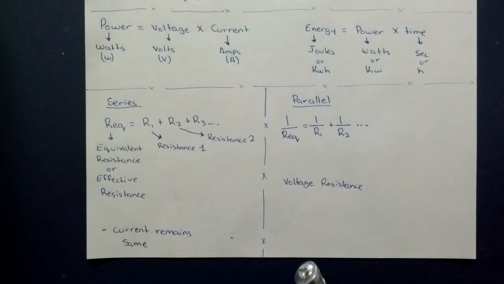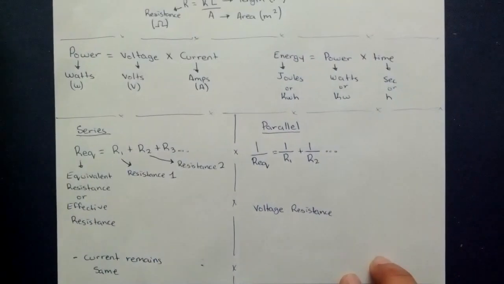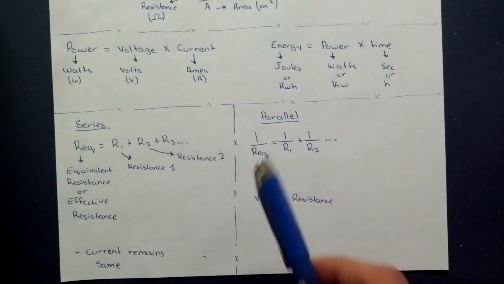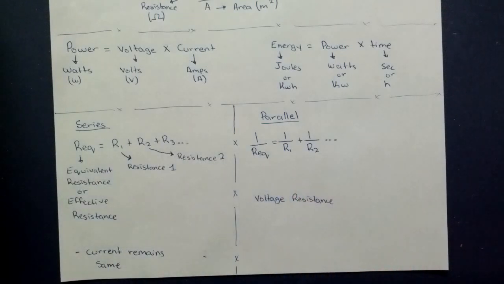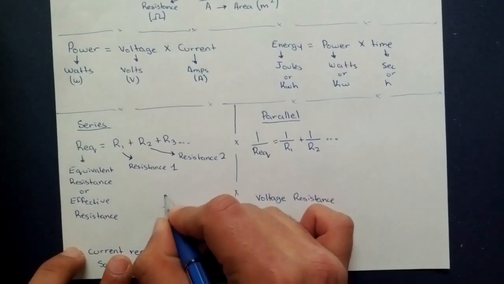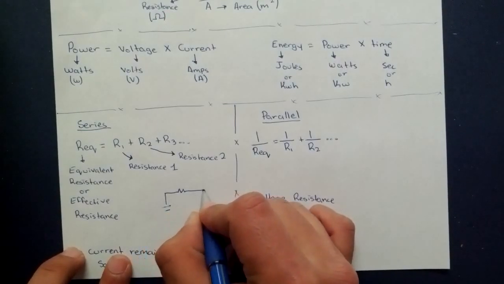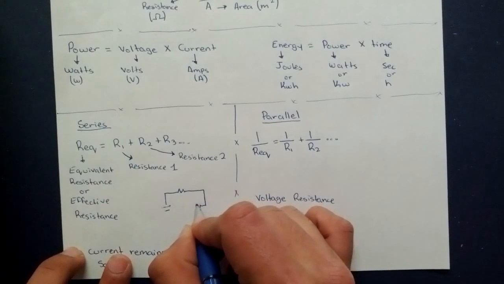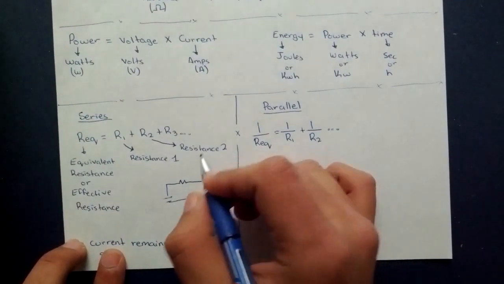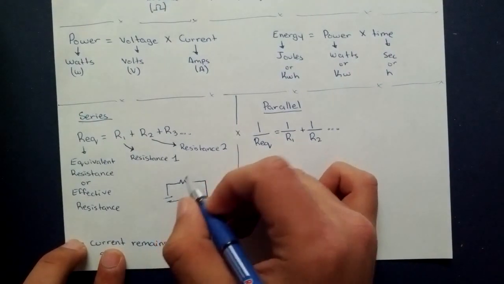And the interesting thing about a series circuit is that the current always remains the same. In case you don't know what a series circuit is, I'll just draw out a quick rough sketch. Alright, kind of a poor drawing, but you get the idea.